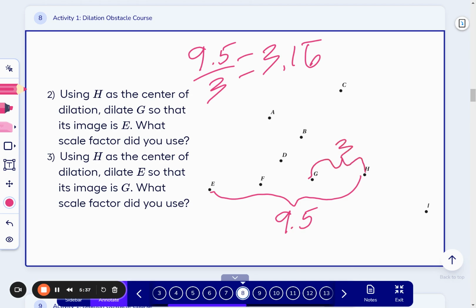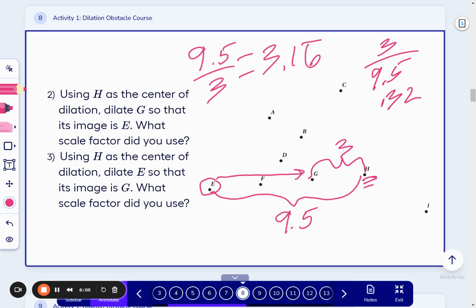But now, when I dilate E back toward my center of dilation, I would do 3 divided by 9.5, which would be 0.315789, roughly 0.32.